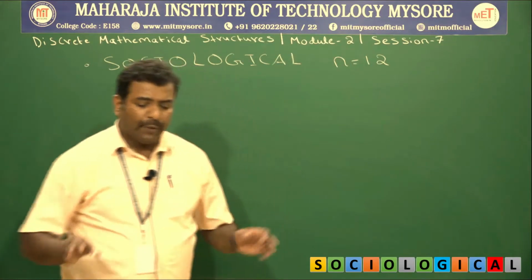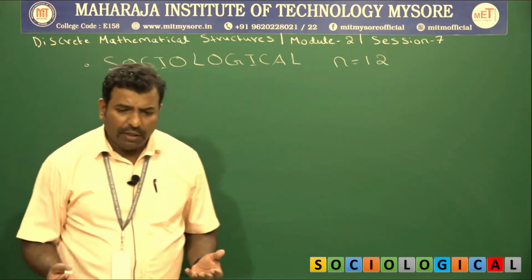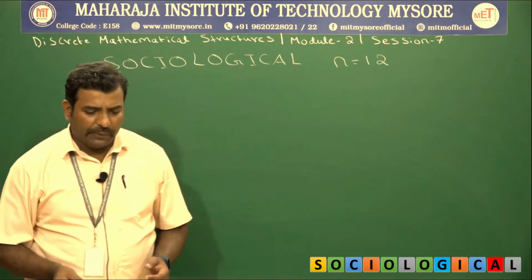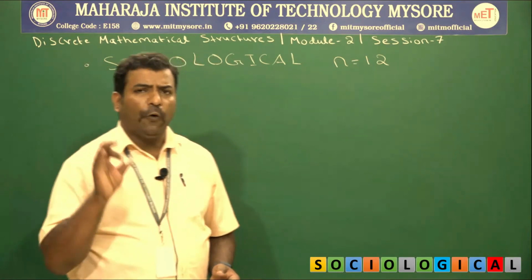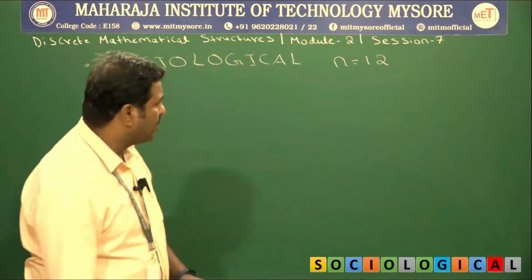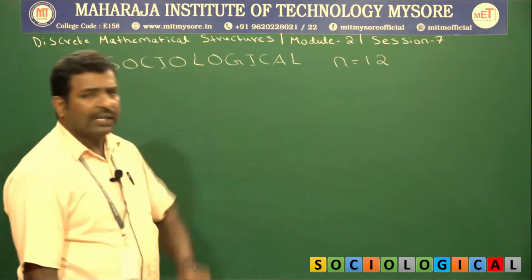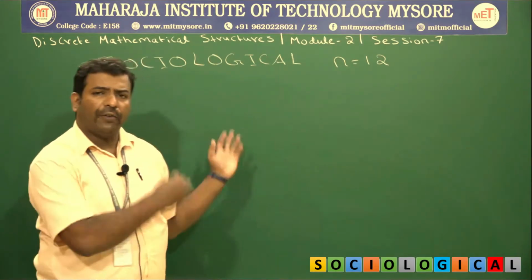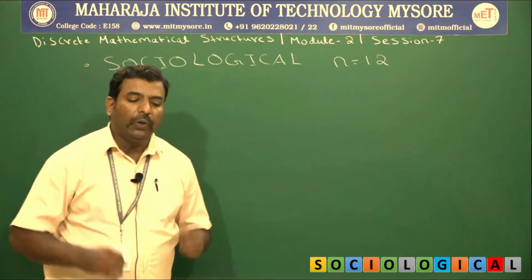Now I am not giving any r value here. Without giving you the r value, I am asking you to find the number of arrangements for the given set of objects or the given word. How do you do this?